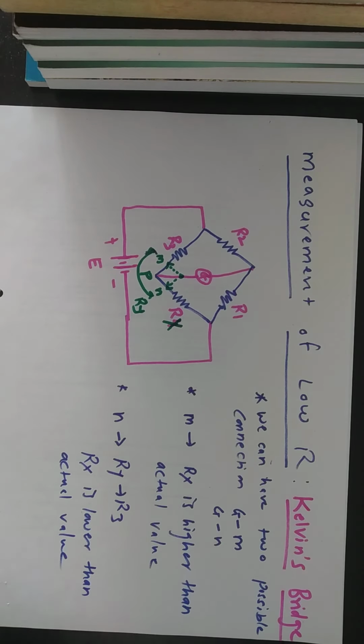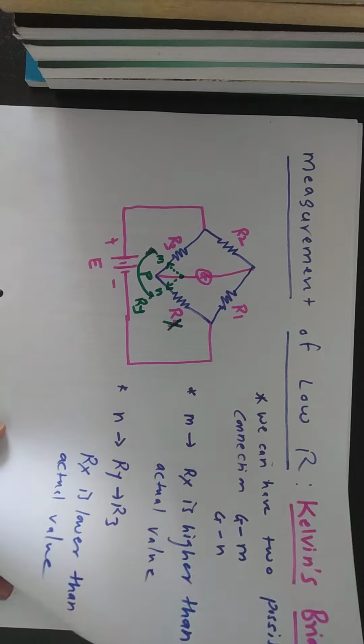Okay, and let's say if the galvanometer is connected to point P, we can have another combination, that is the third combination.